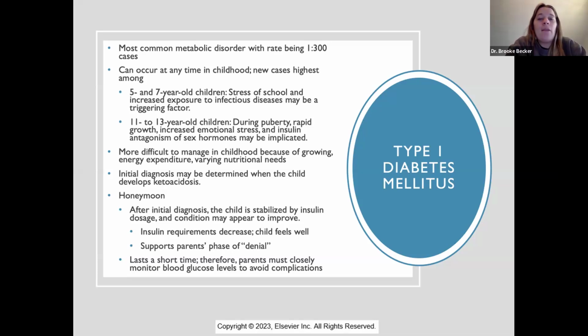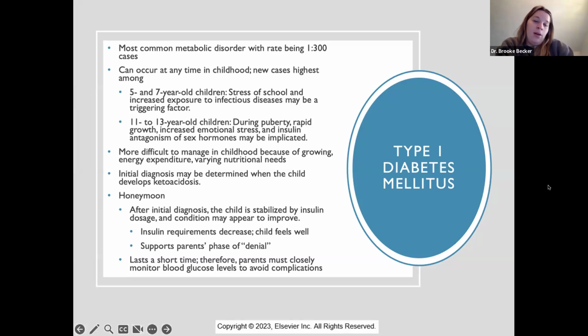Okay. So usually initial diagnosis happens when those kids are in DKA. They're spilling those ketones. After initial diagnosis, they get stabilized on their insulin. That's called the honeymoon period. Their insulin requirements are going to decrease because they're starting to feel well.